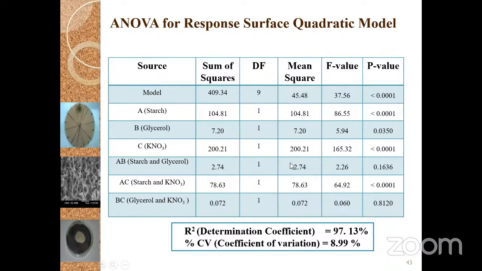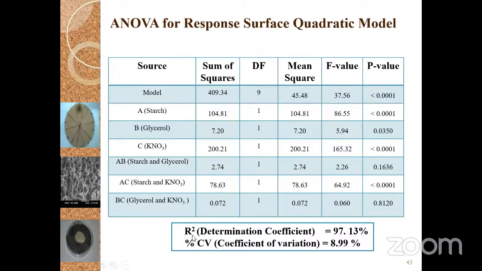The F-value shows us that the model was significant. For the R square, that is the determination coefficient, we got 97.13%. So it means that there is 97.13% variability explained by the independent variables.